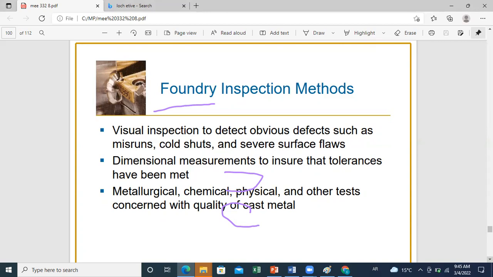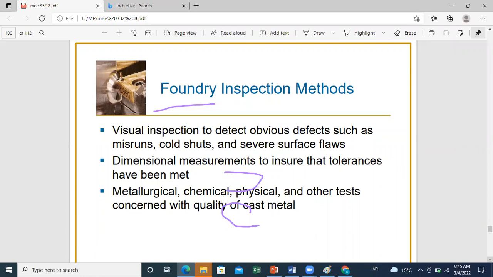In addition, we can perform dimensional measurements in order to check if the required tolerances are achieved. In case they are not, we should use extra machining in order to enhance the surface finishing of the final part. Now we can do several other types of tests.